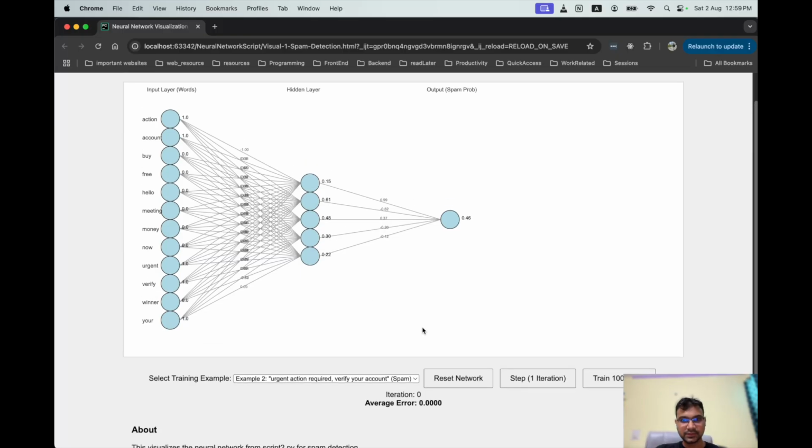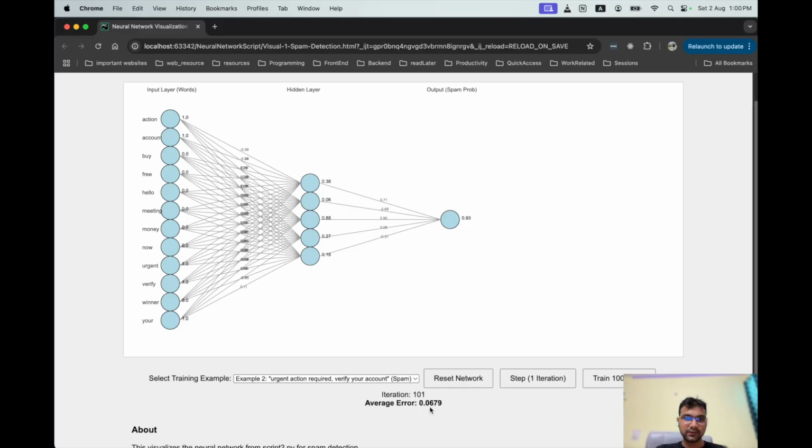So here, this is the example we are feeding. Let's take one iteration. The average error is 0.5, which is much higher. These weights and these weights are random values. Let's train for 100 examples.